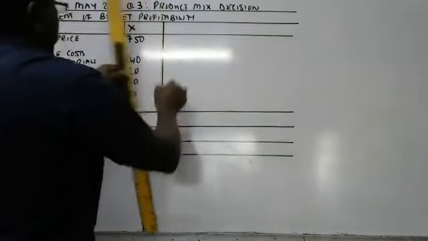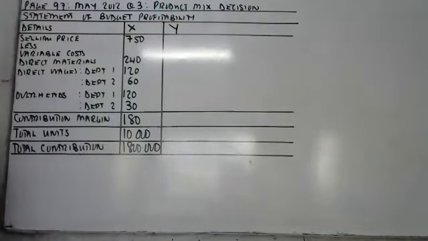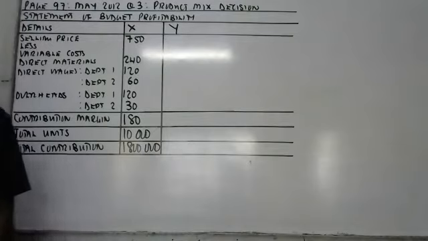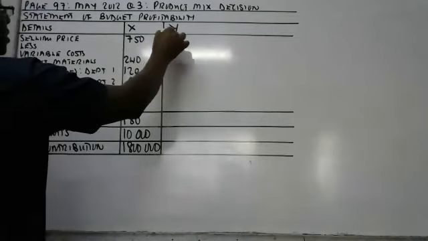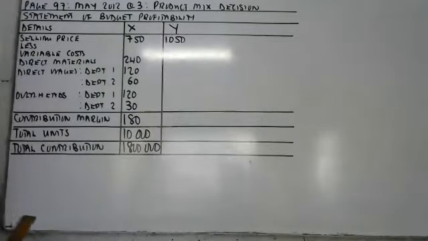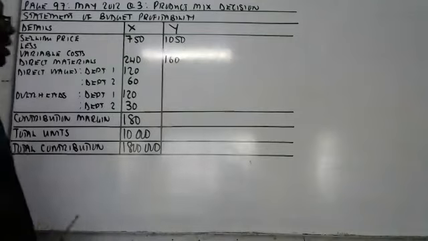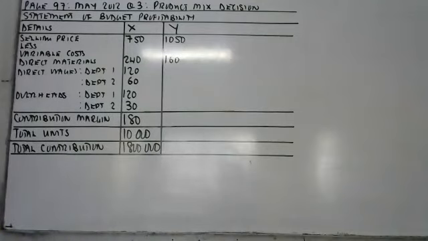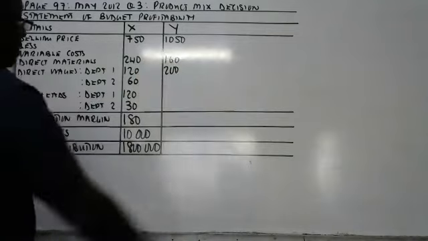Let us go to Y and do the same thing. The selling price is 10.50. Material is 160. Labor in department 1 is 40 times 5. 40 times 5 is 200.